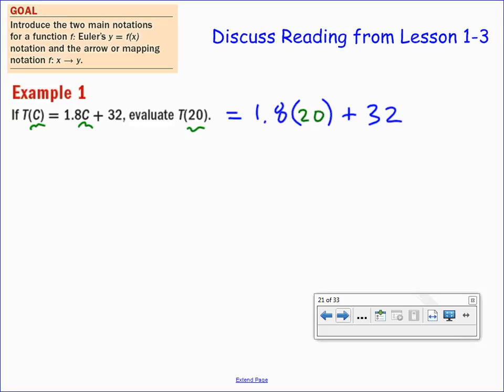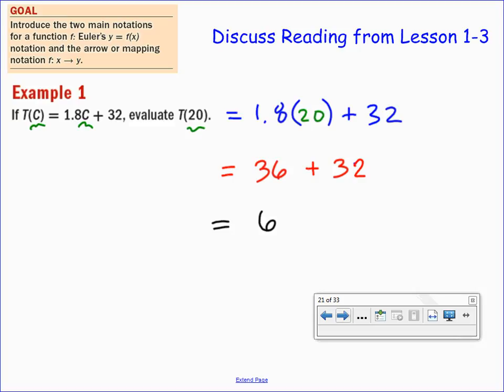So it looks like 20 times 1.8 is going to be 36. 36 plus 32 last is 60. Oh. There we go. 36 plus 32 looks like 68.